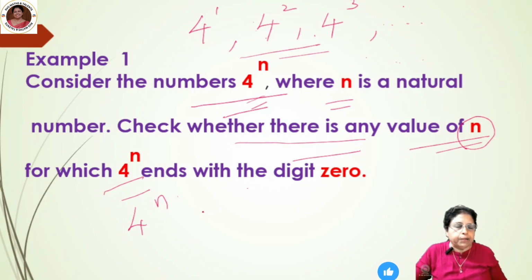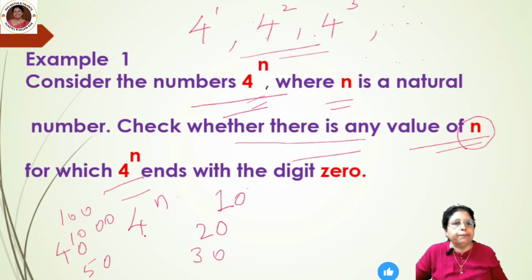Numbers ending with digit 0 can be 10, then 20, 30, 40, 50, like that it goes. 100, 1000, all these numbers end with digit 0. So the question is whether you can find any n such that 4 raised to n ends with digit 0.